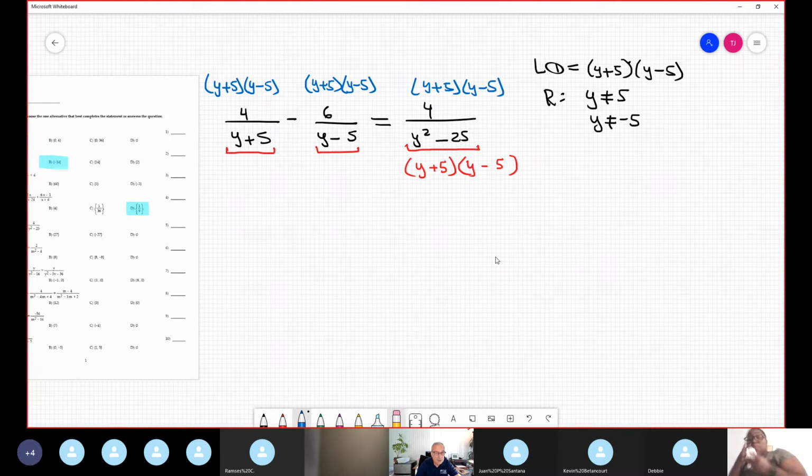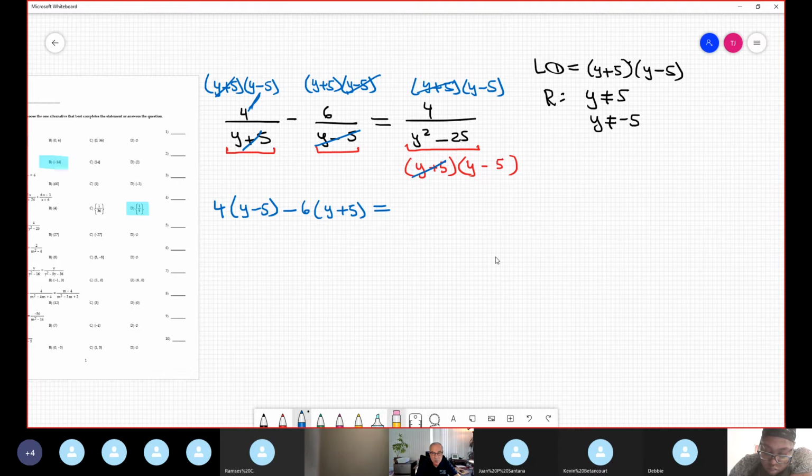Now it is cancelled. Stay 4 times y minus 5. This times this together. In the second, this is cancelled, y minus 5 stays, 6, but negative 6 times y plus 5. In the right-hand side, everything is cancelled.